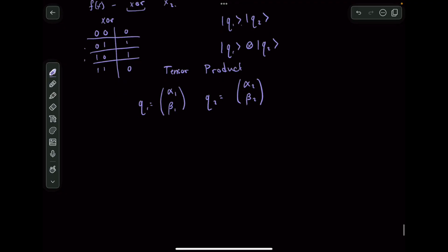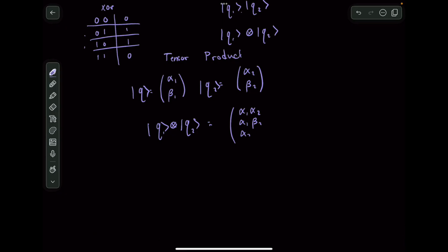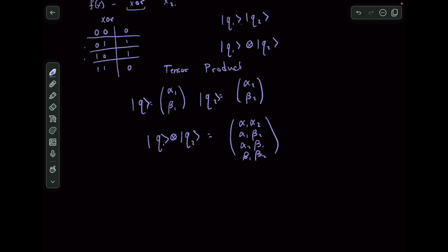Now, Q1 tensor Q2 is alpha 1 alpha 2, alpha 1 beta 2, beta 1 alpha 2, beta 1 beta 2. So you sort of multiply across all the different elements and you obtain a larger superposition of the 2 component superpositions.